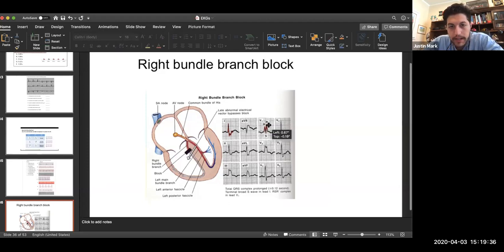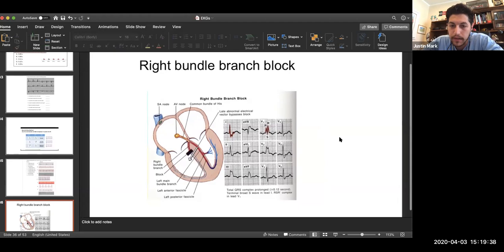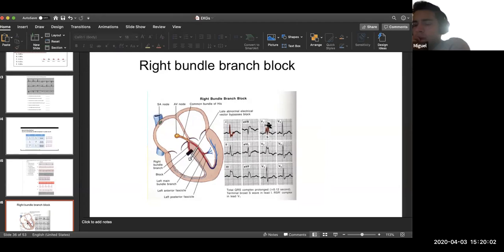Basically the signal is being blocked in the right bundle branch, so it takes longer to move down, but at the same time there's another electrical signal that comes after that. That's why we see this R prime. R represents the first R wave, and R prime represents the second R wave that comes after the block is surpassed. That's why we get the bunny ear pattern.